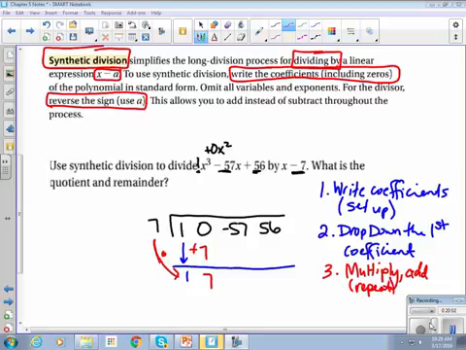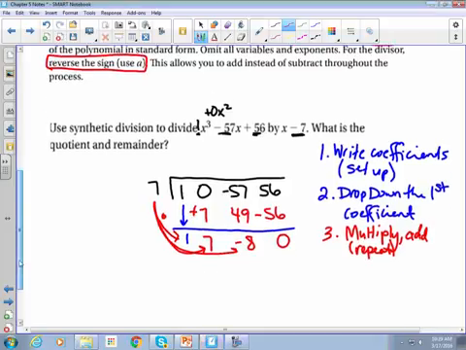Seven times 7 is 49. Negative 57 plus 49 equals negative 8. And then multiply. 7 times negative 8 is negative 56. And then add.